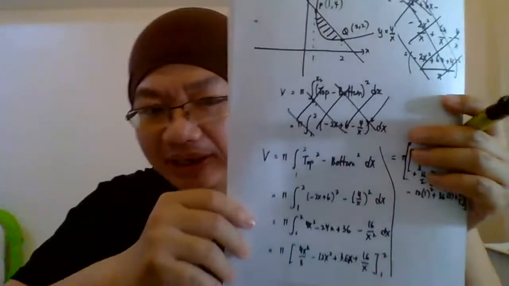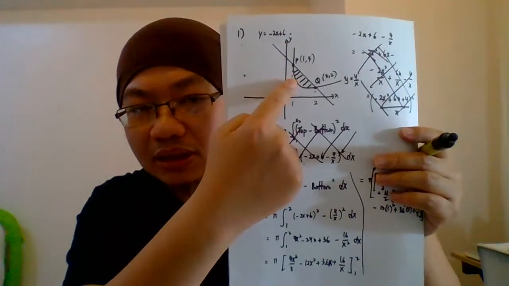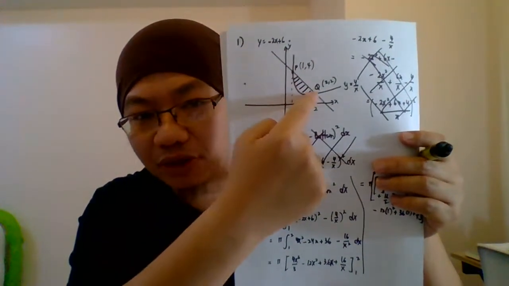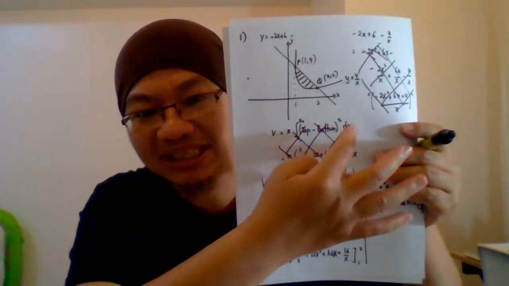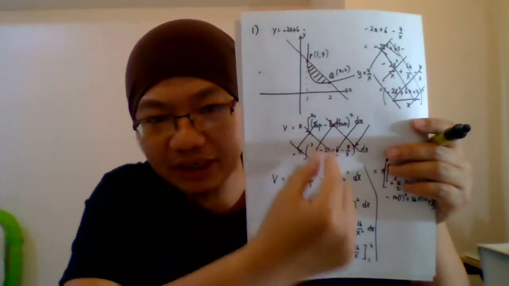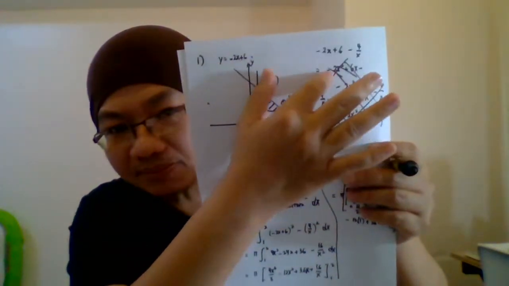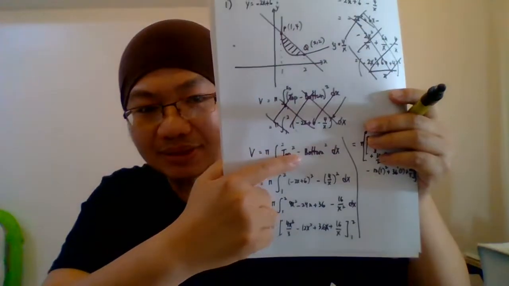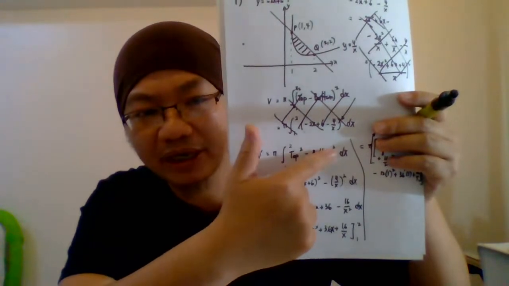Let me repeat again. To find the volume here, it must be the top minus bottom. But it's not the whole thing minus then square. No, sorry, I was wrong just now. Actually, you must square the top first, and then you square the bottom, then you minus. So this is the formula: top squared minus bottom squared dx.